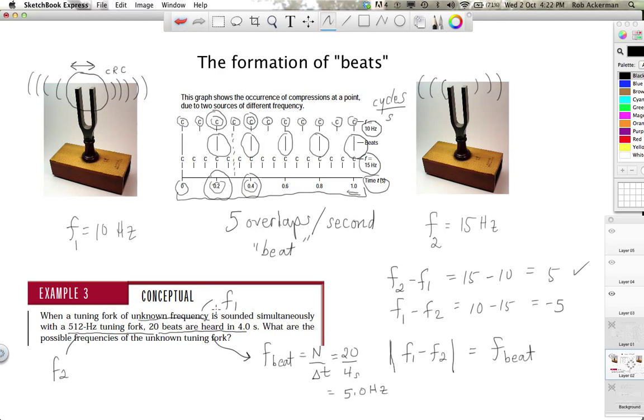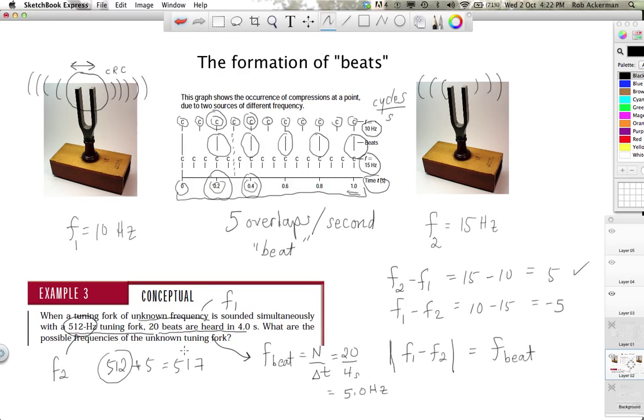So now, the previous information is telling you that when sounded against a 512 Hertz tuning fork, you get 5 beats. What are the possible frequencies that could result in this? Well, 512 plus 5 equal to 517.